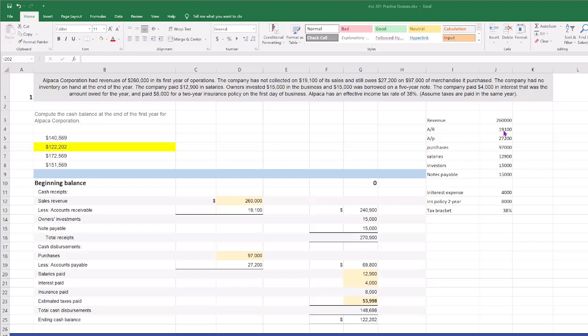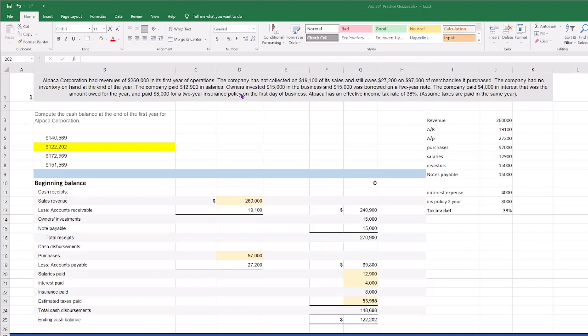So accounts receivable, $19,100. And it still owes $27,200 on merchandise purchased, which sounds like accounts payable. Accounts payable, $27,200, on $97,000 of merchandise purchased. So purchases, $97,000. The company had no inventory on hand at the end of the year, so ending inventory is 0, and beginning inventory is 0 because this is its first year of operations.